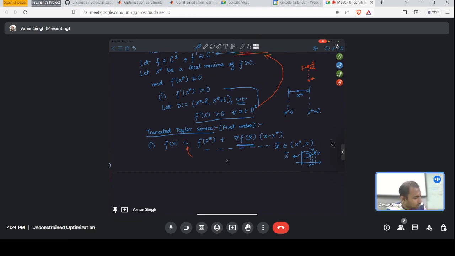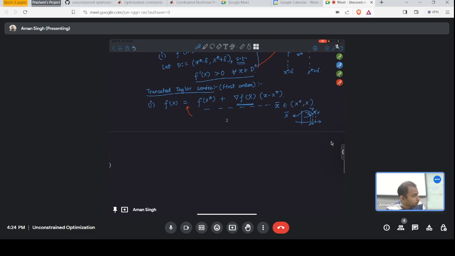So with this, we'll go ahead and prove our statement. So let's assume x belongs to x star minus delta comma x star. So let's say it belongs to the left half of the plane D.